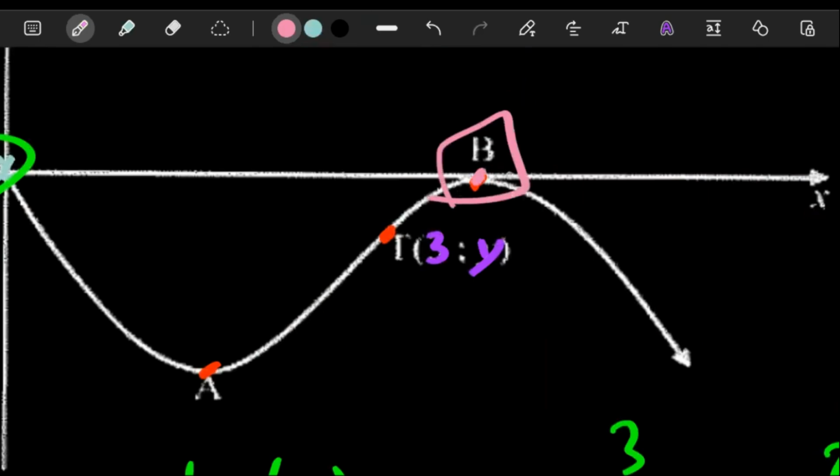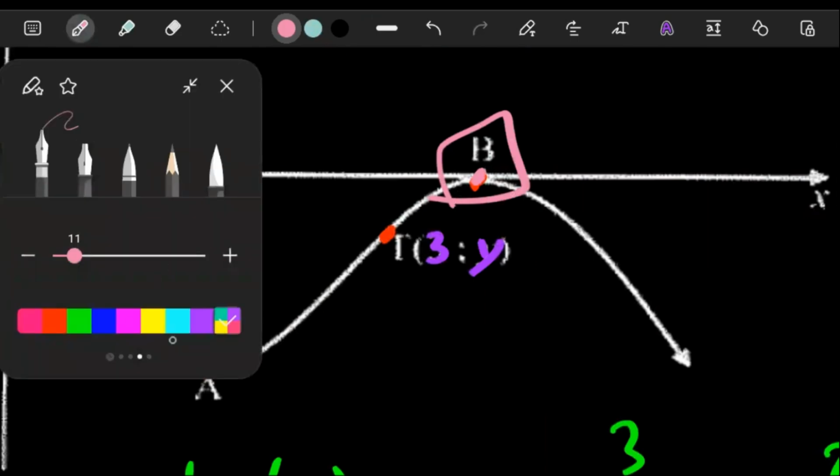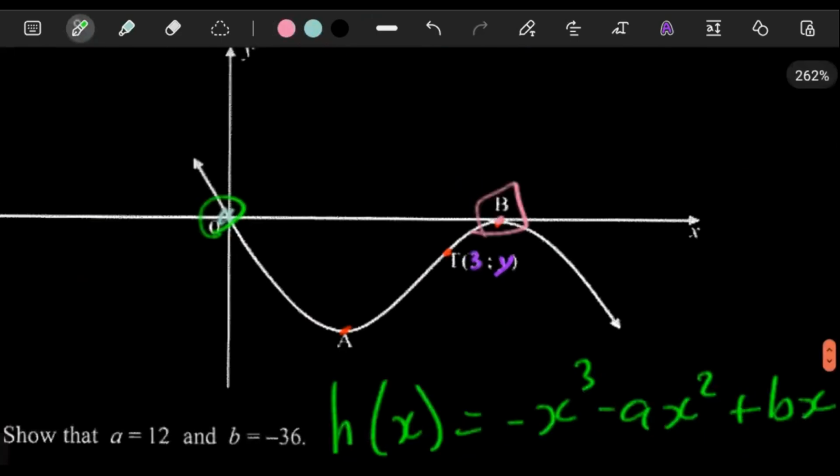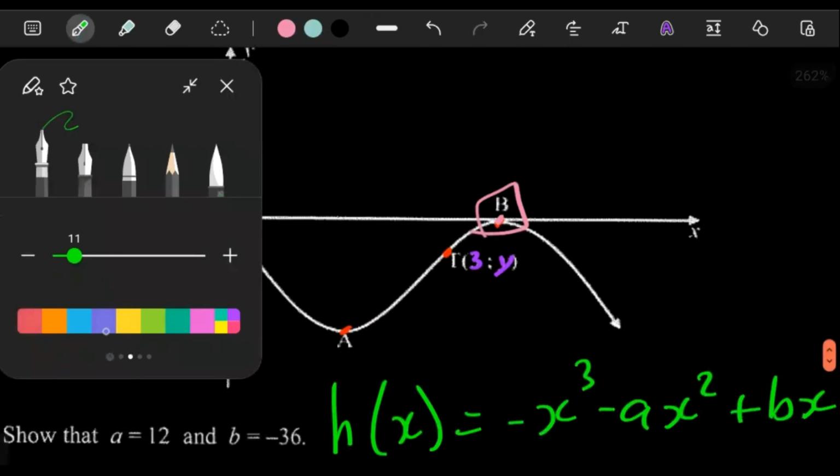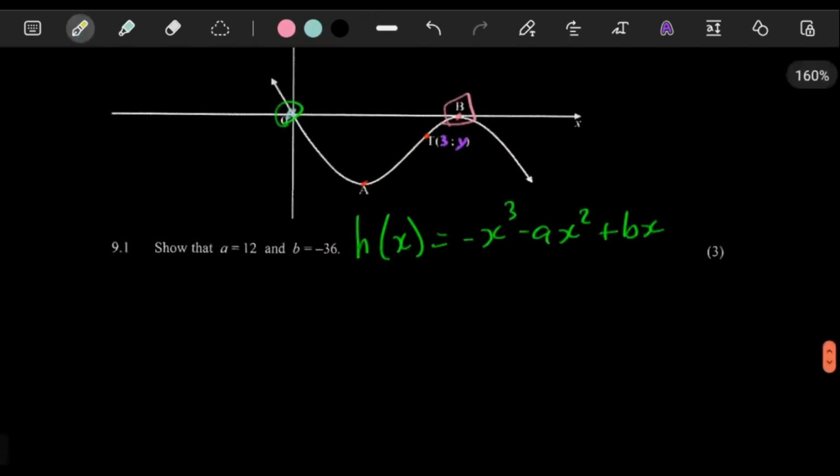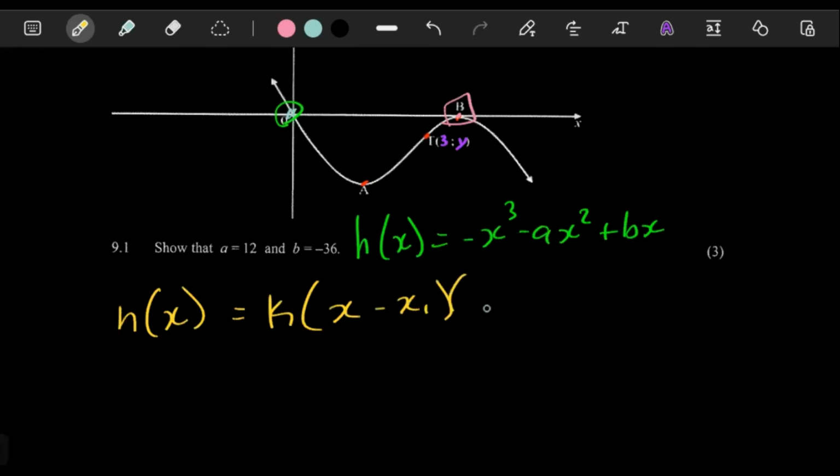As long as your graph has a turning point where it also has an x-intercept, what that means is that if you factorize this equation, your equation factorized will always be equal to k times (x minus 1), (x minus 1) again, and then (x minus 2).